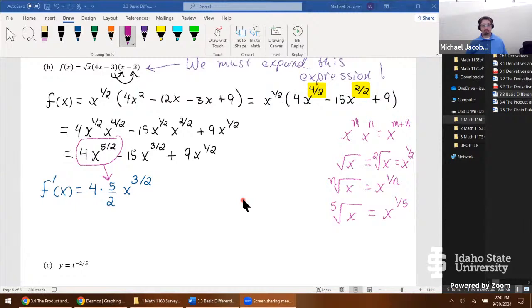Okay, let's try it out all over again. There we go. So now on this term we're working on, first we're using the constant multiple rule. Negative 15 is multiplying, so that means it just gets copied down, unaffected by differentiation. It gets multiplied by the old exponent, which was 3/2.